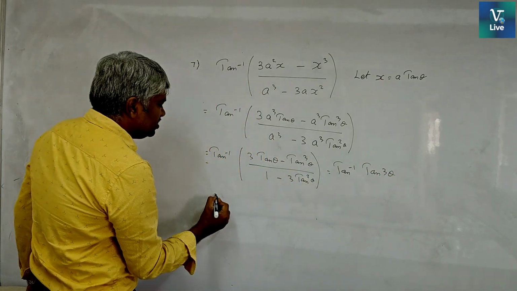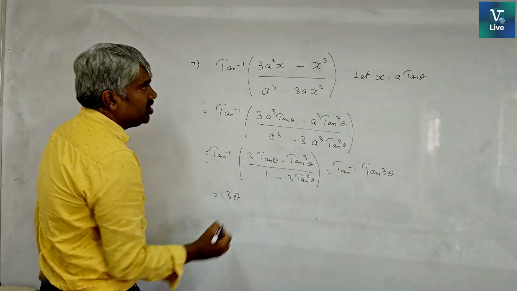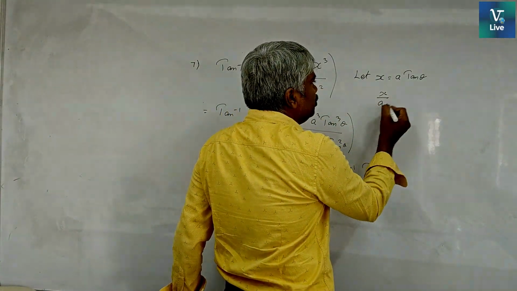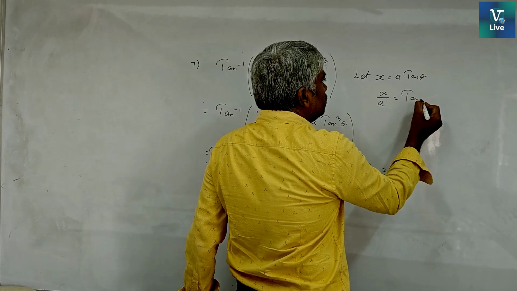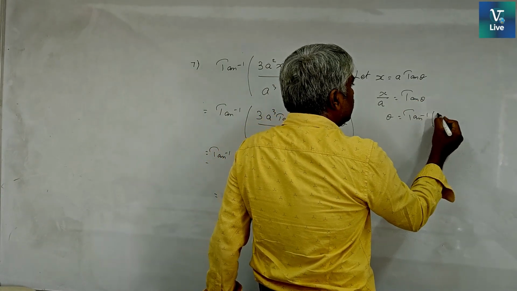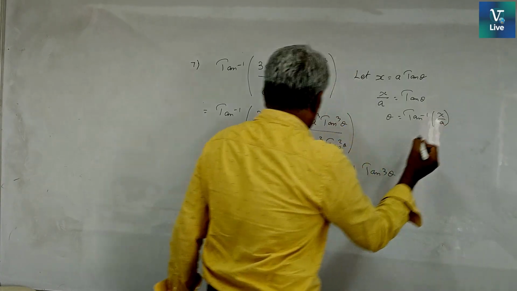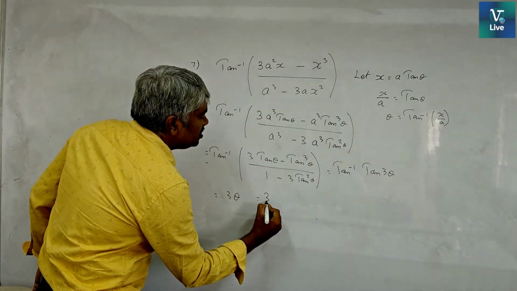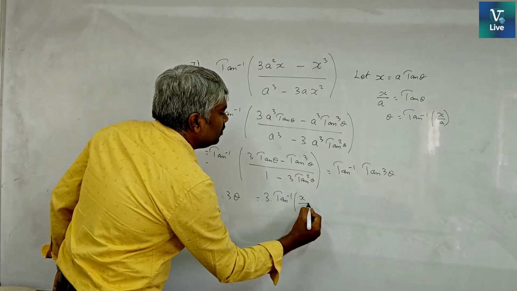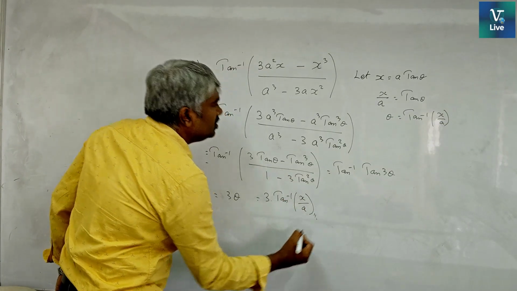So your answer is 3 theta here. Now you need to derive the value of theta from the assumed value. So theta is equal to tan inverse of x by a. So your answer is 3 into tan inverse of x by a.